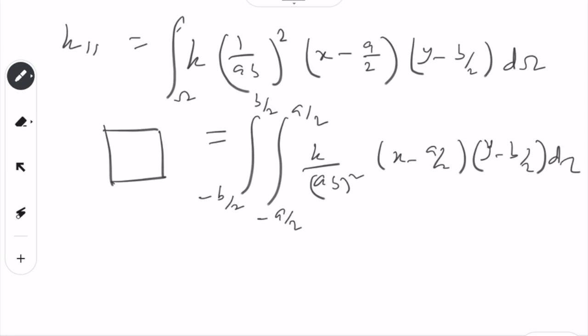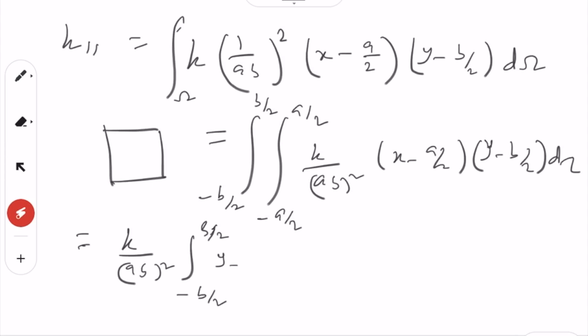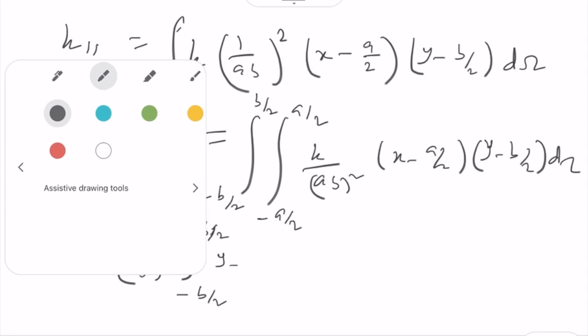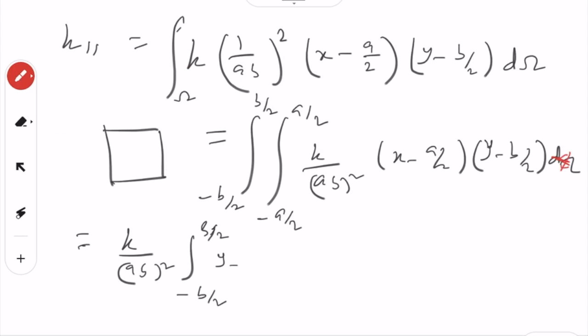And you can separate it. Now you can assume k to be constant, so k over ab squared, and then we have minus b over 2 to b over 2, this is y minus b over 2. Here it will not be d omega, you have dx and dy both.